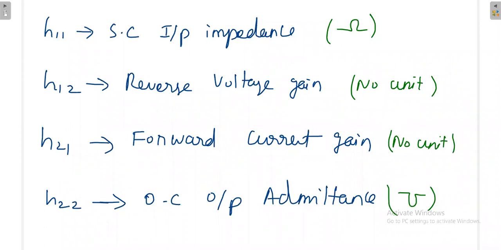Okay, so next the G parameter. This G parameter is just the opposite of the H parameter.